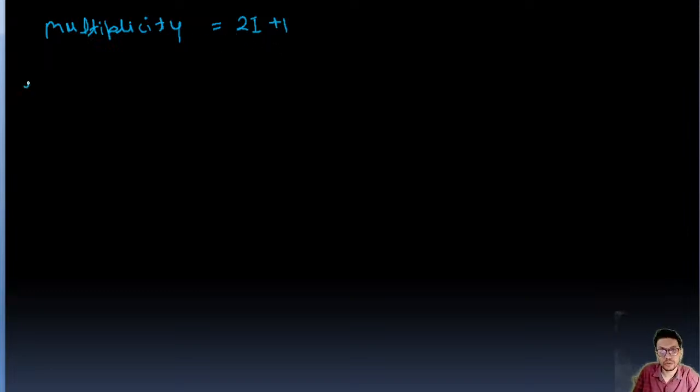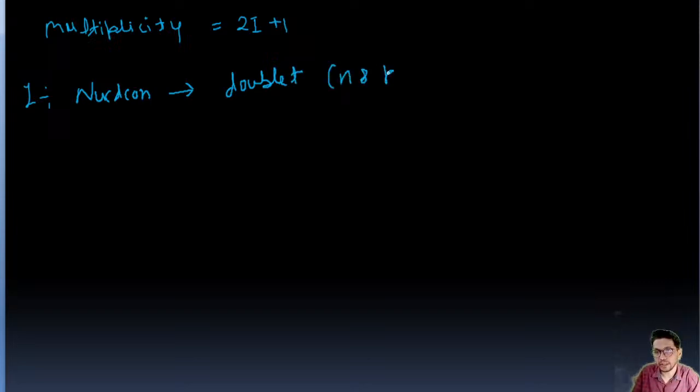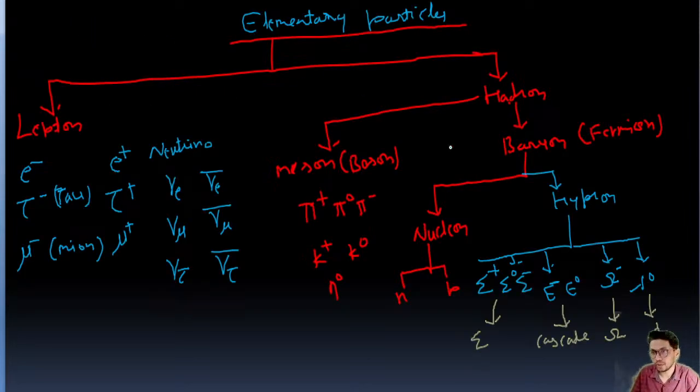Now, if you talk about the nucleon, it is a doublet, because there are N and P. That's why I told you to note down and memorize this chart. In nucleon there are two, neutron and proton.